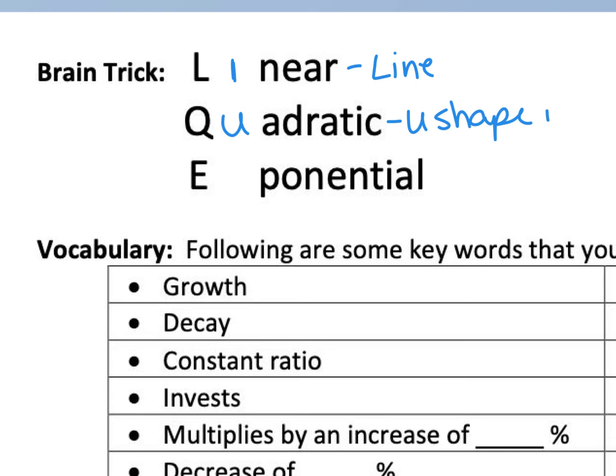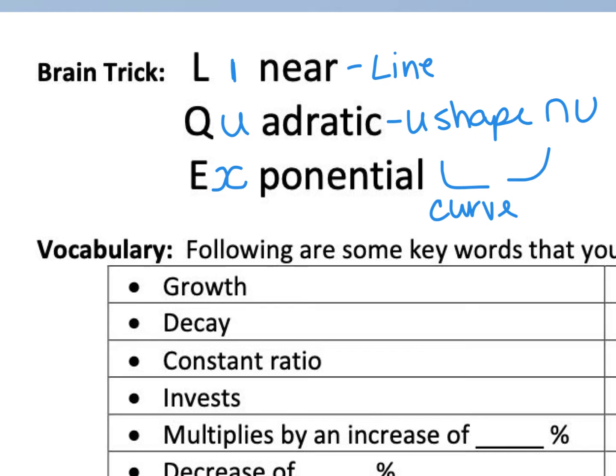It's going to be a curve like this. The one we're doing now is exponential. So I'm going to draw my X kind of fancy. It's either going to go down or it's going to go up. It's going to be a curve, okay? But that curve is going to start off slow and then get real steep.